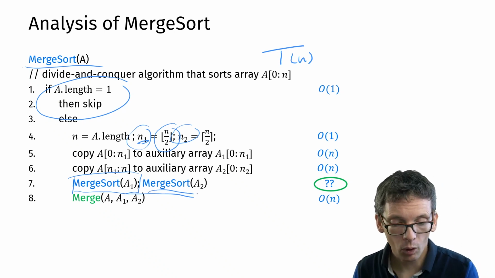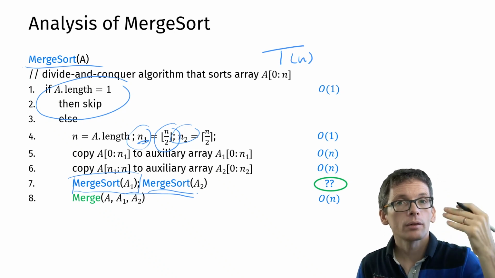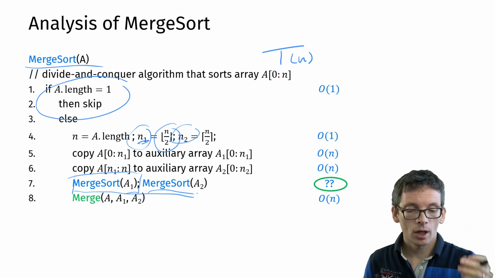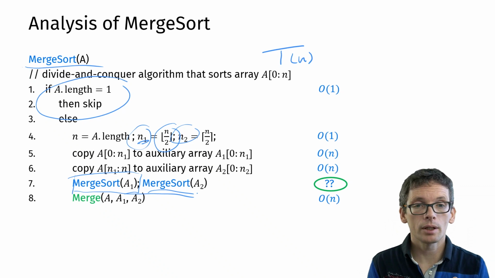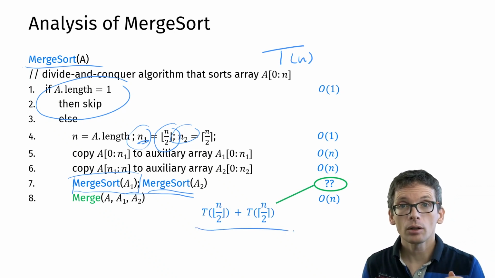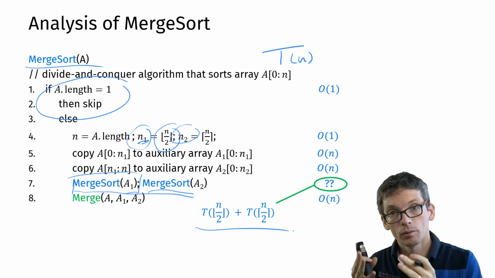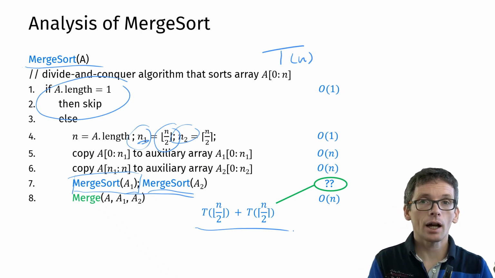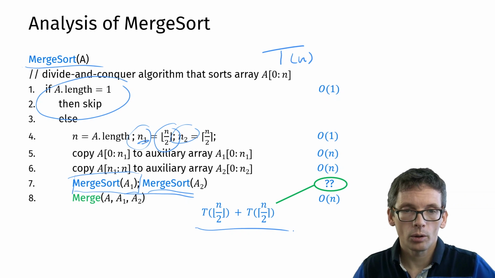And here we're calling it on n half rounded up elements. So the running time for line 7 will be t of n half rounded down for sorting A1 and t of n half rounded up for sorting A2.